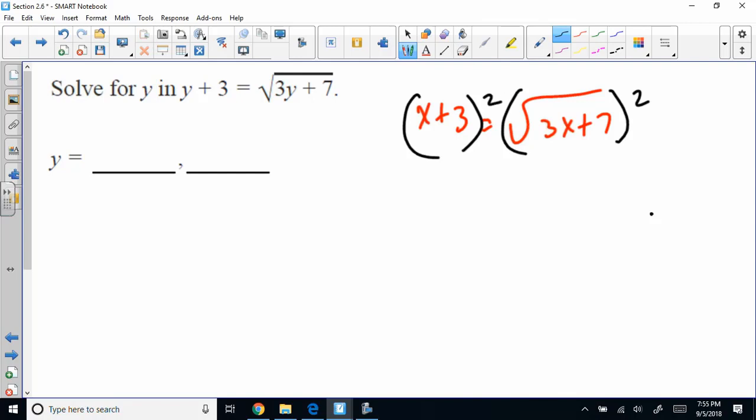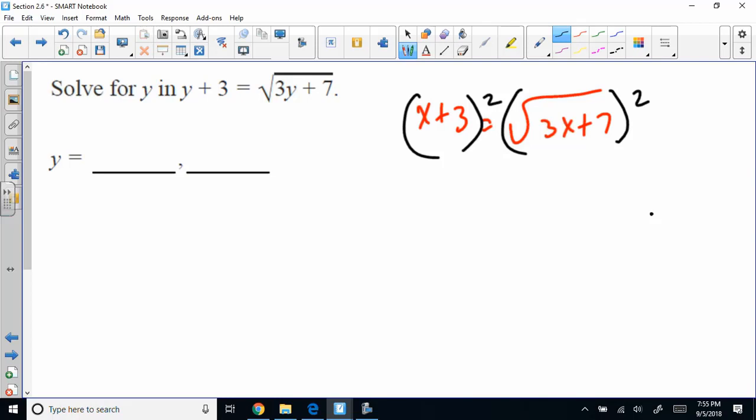When I square the left-hand side, what have I really created now? We came across this when we were looking at completing the square. This is what we created. You remember? When you have a trinomial whose factors are the same, it can be rewritten as a binomial squared, right?